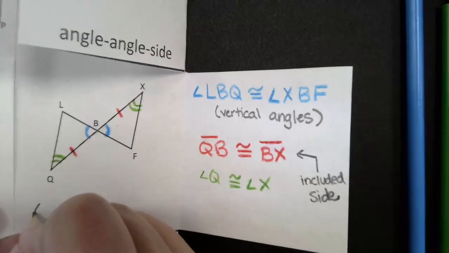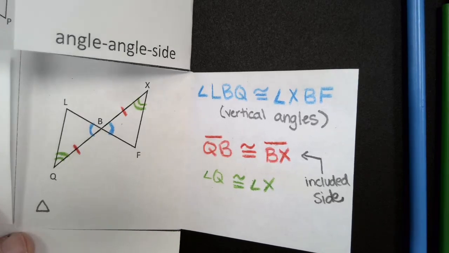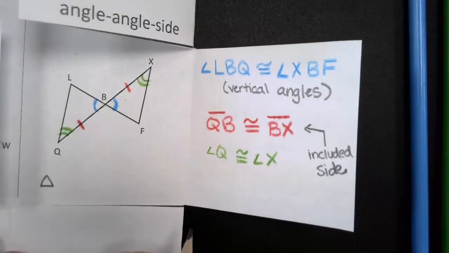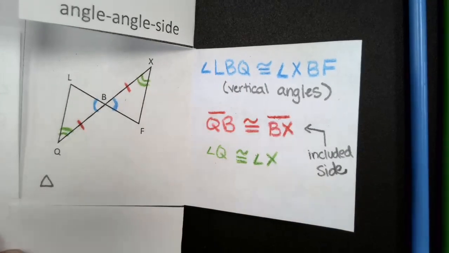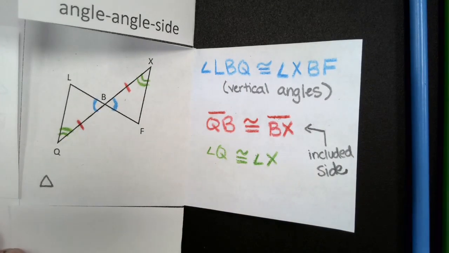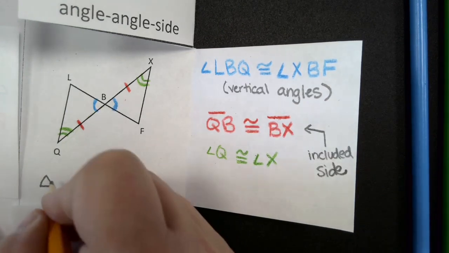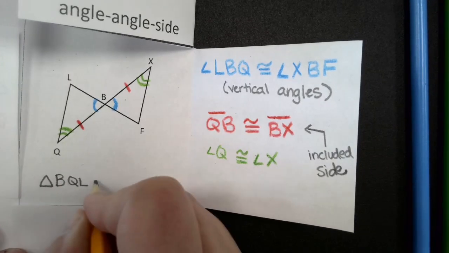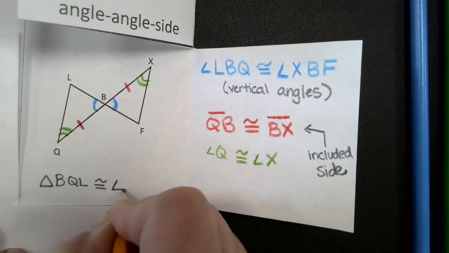Alright, so then we say triangle. First triangle, doesn't matter the order we put it in. Huda, do you want to put a triangle out there for us? You're not Huda. BQL? BQL. Sorry, I heard P. BQL is congruent to triangle.